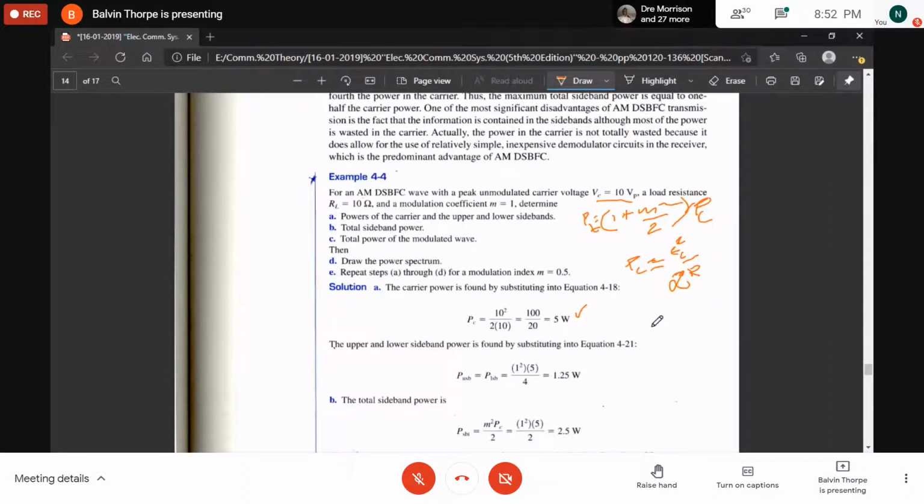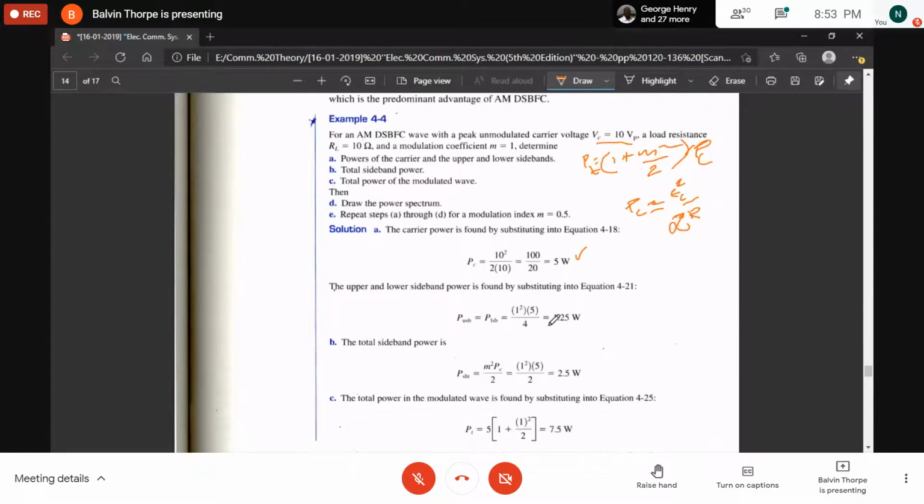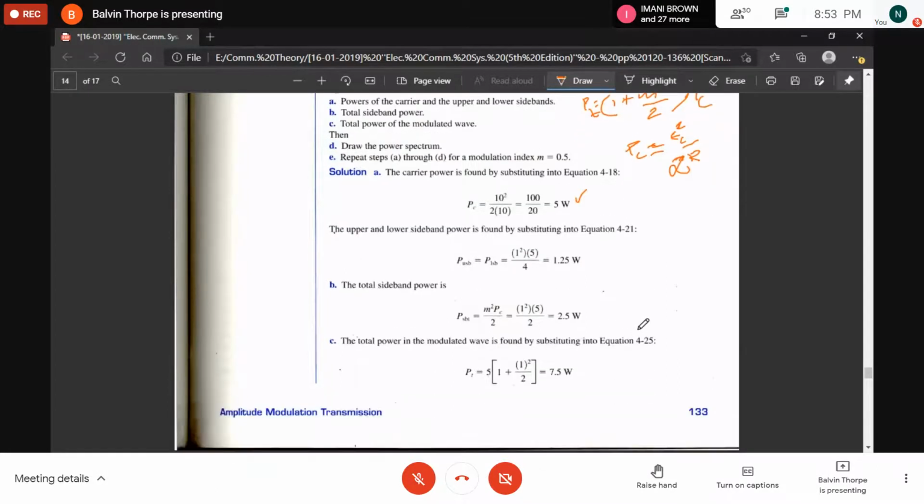So we could do that one way or the other. We will come to the answers for upper sideband, lower sideband. Okay?